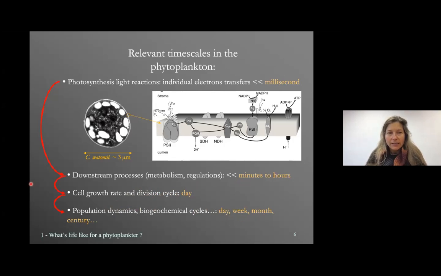So there is this cascade of scales in the environmental forcing conditions of the phytoplankton that lead to emergent phenomena. When you observe a bloom at the surface of the ocean, what you observe is something that emerges.